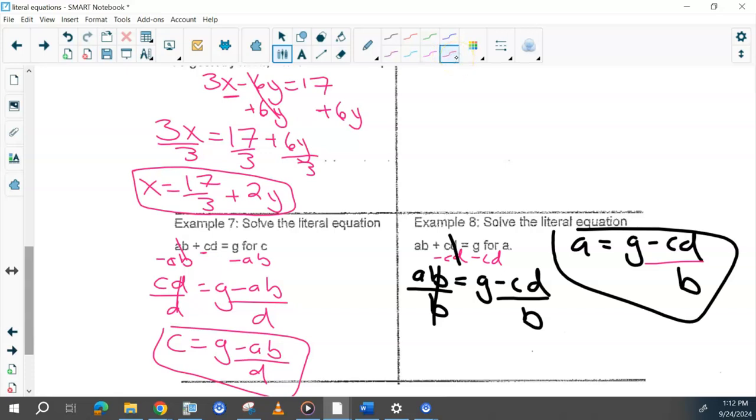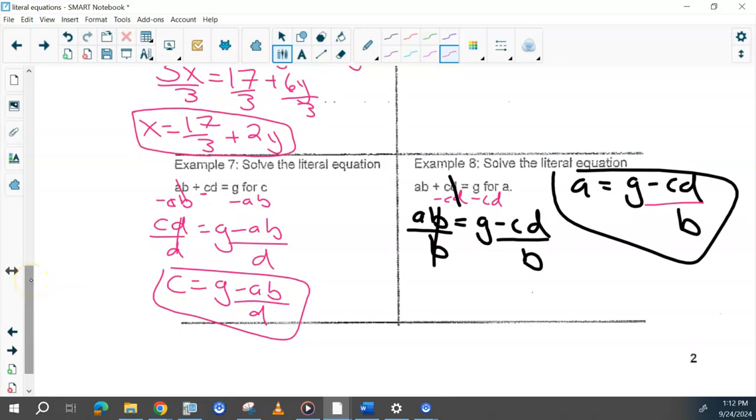Any questions on number 8? How many of us got that? If you didn't, it's okay. But I am glad that some of you are. Okay, go on to the next page.